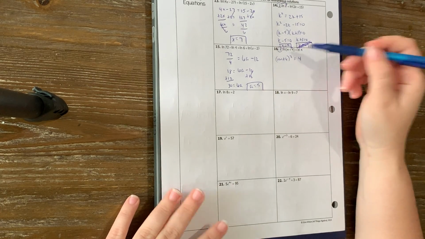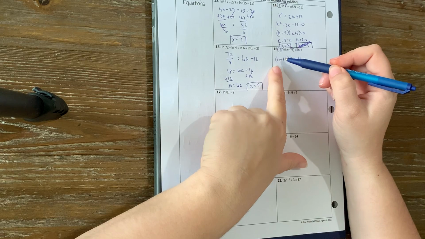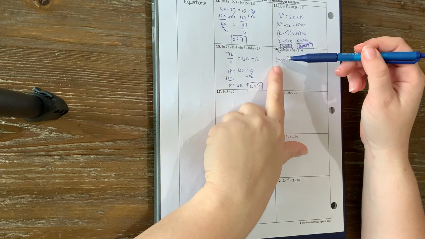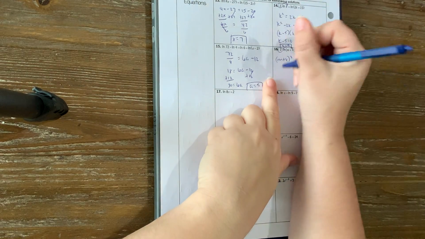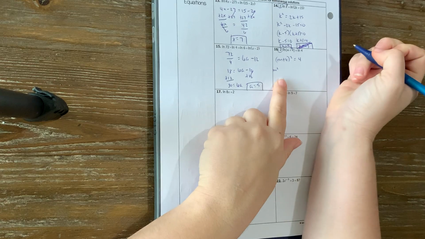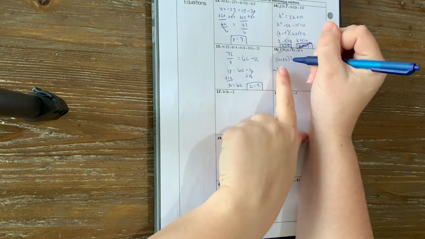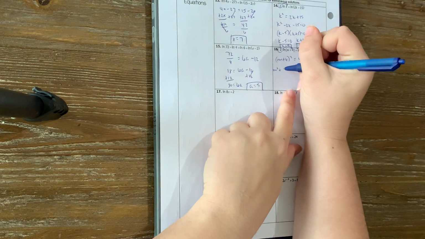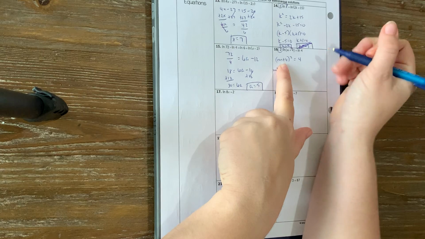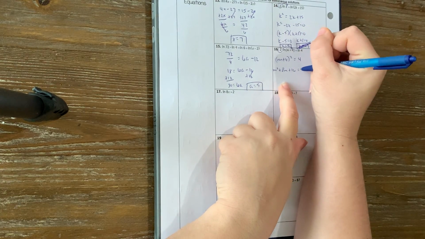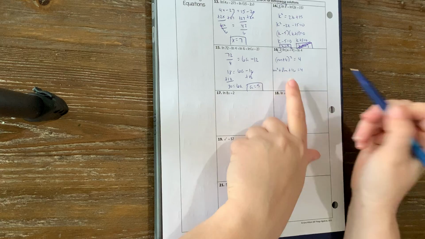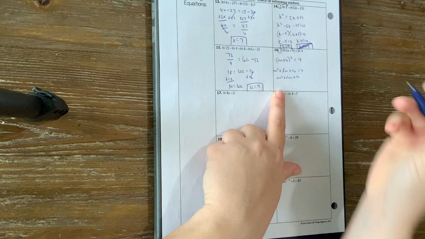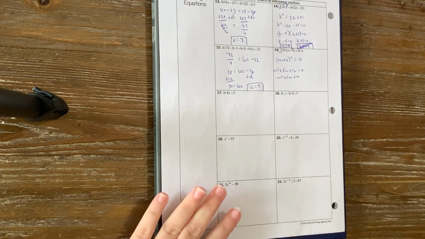Okay, well, if we square this out, if you look on your reference sheet, at the very top on your reference sheet, when you take the first term and square it, that's m squared, and then you multiply these two together, so 4m and then multiply times 2, that becomes 8m, and then you take the last term and square it, and that becomes 16. Okay, this 4 we still need to move over, so that becomes m squared plus 8m plus 12, because you have to subtract the 4 over, so 16 minus 4 is 12.